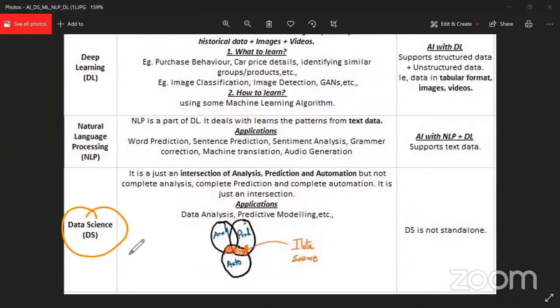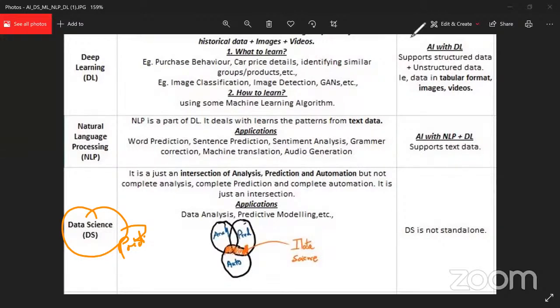This is the only differentiating factor, but it is not something big. The major thing is, if I'm saying prediction, it doesn't mean that data science will never do automation. Automation is also done, but the higher priority for data science goes to prediction, and the higher priority for artificial intelligence goes to automation. So that's the only differentiating factor that we can say.